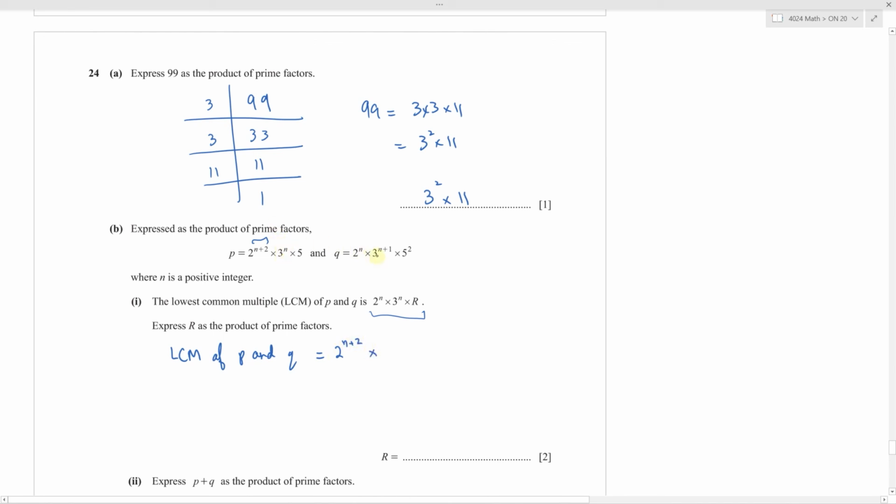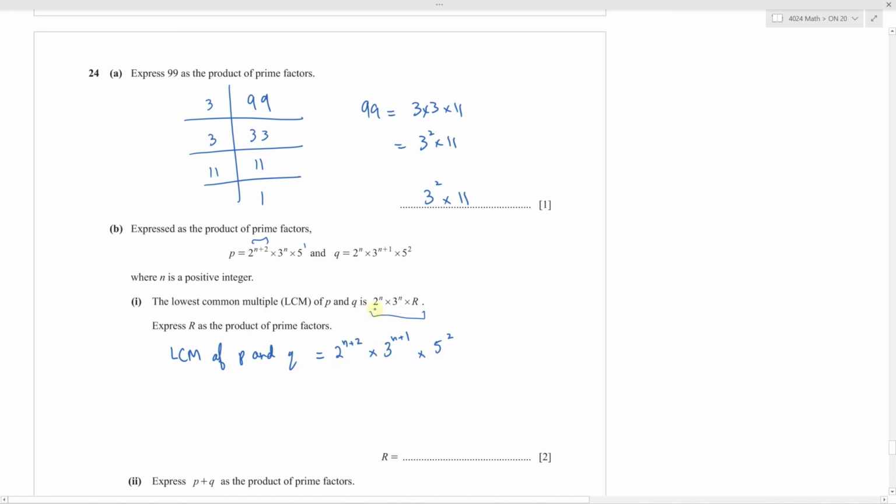So 3 power n and 3 power n plus 1. This 3 power n plus 1 is bigger compared to 3 power n. So I will take 3 power n plus 1, multiplied by, this is 5 power 1 here and this is 5 power 2. So 5 power 2 is obviously the bigger power. So I will take 5 power 2. Now this is my LCM of P and Q.